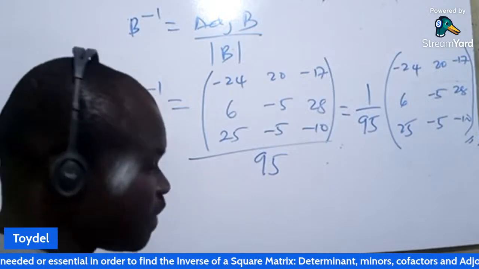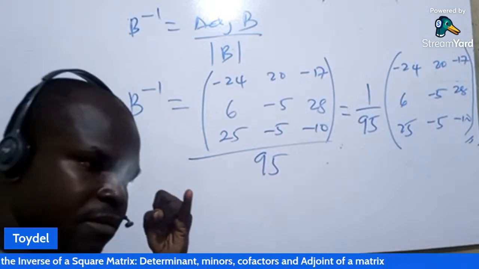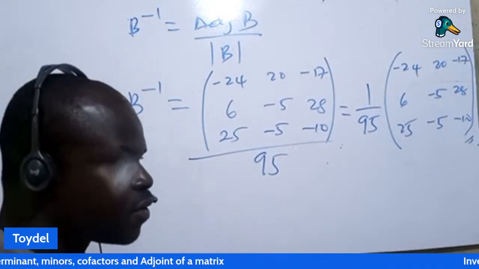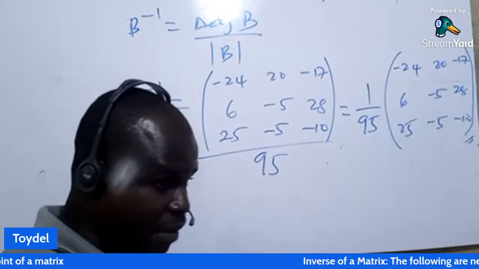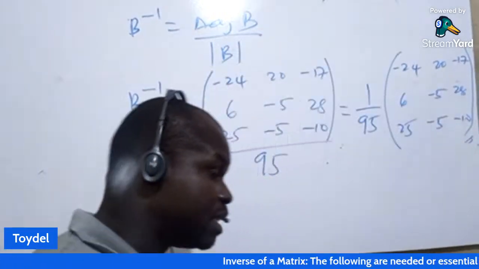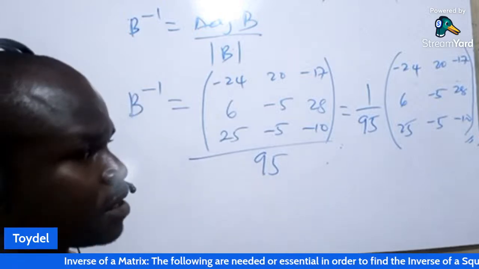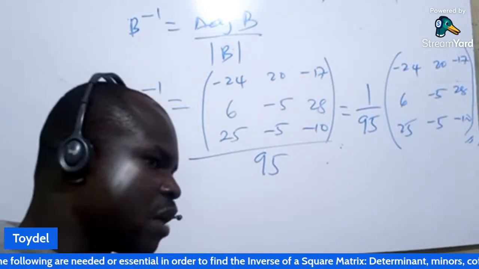So for us to be able to find the inverse of a square matrix, the first step is to find the determinant of that matrix. If the determinant is non-zero, it simply means that the matrix has an inverse. And if the determinant is 0, it means that the matrix has no inverse. So once you find the determinant, that determines the nature of the matrix, whether it is singular or not singular.